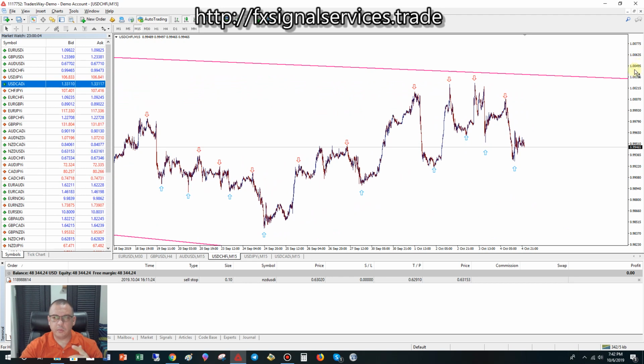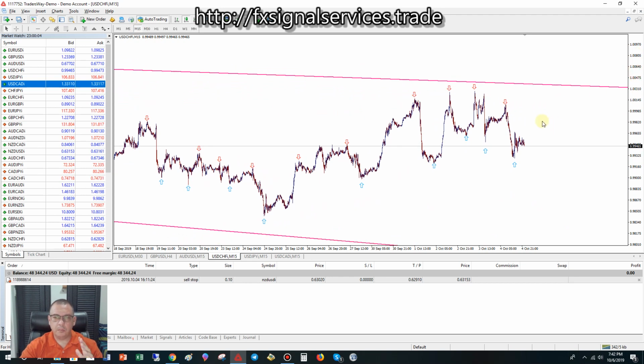On the 15-minute, we see an up arrow right now, but wait for this to form a red arrow. I don't know exactly where, but if you mark this right here, that kind of looks like a downtrend forming, and the price will probably shoot up, touch this trend line somewhere in here, and shoot back down.